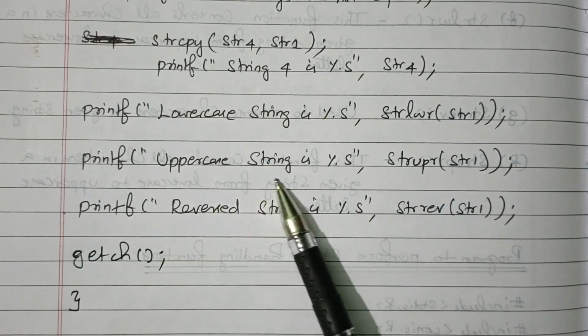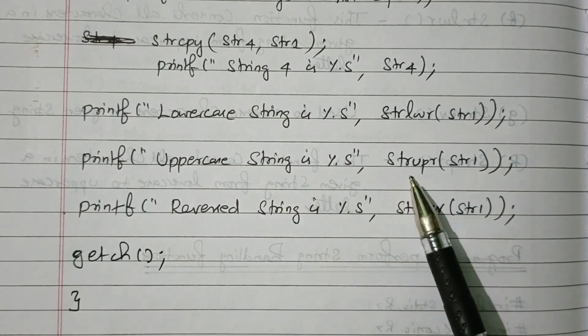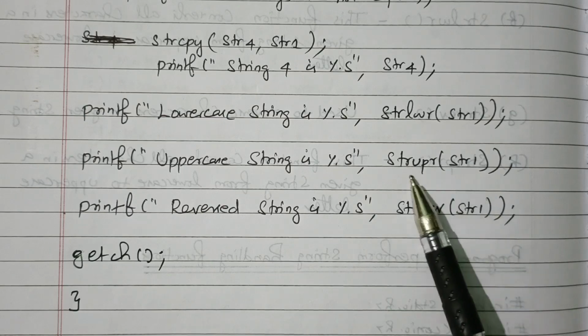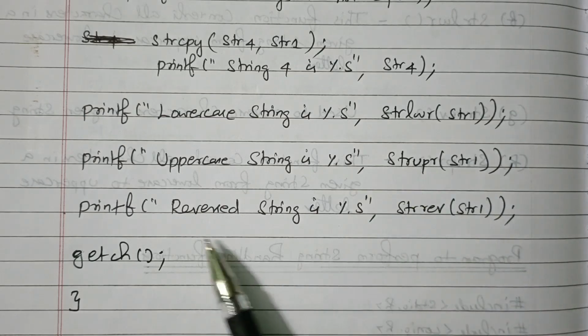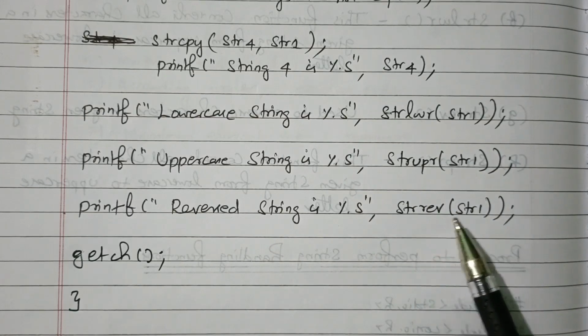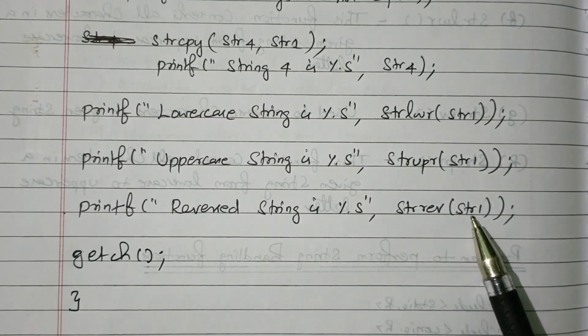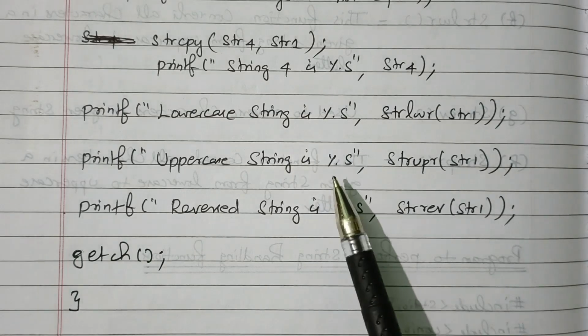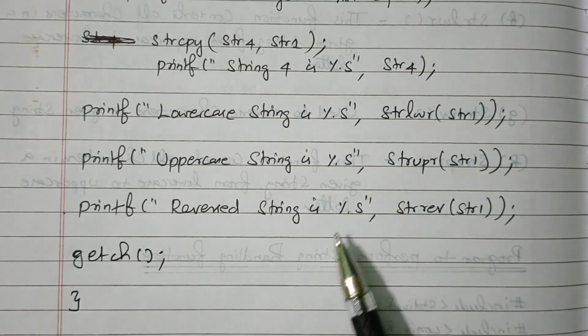Similarly, uppercase string is %s, strupr. It will convert string 1 into uppercase. Right. Reverse string is strrev, string 1. The content of string 1 will be reversed and printed. Right. This is lowercase, uppercase and reverse.